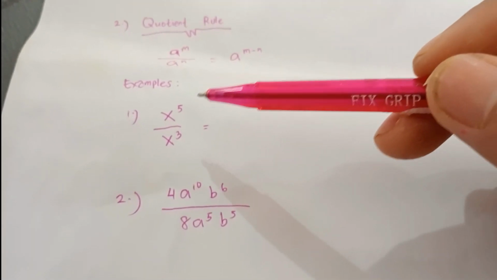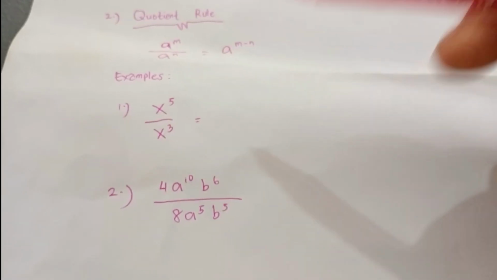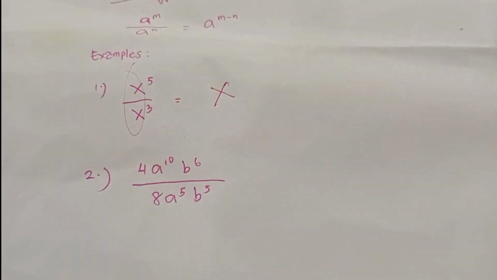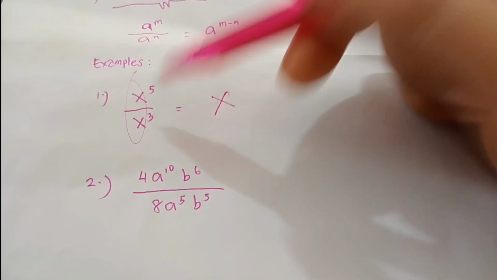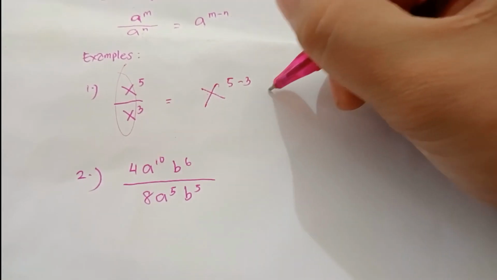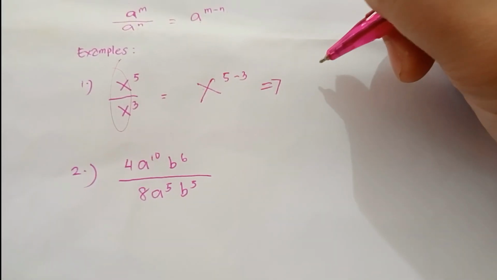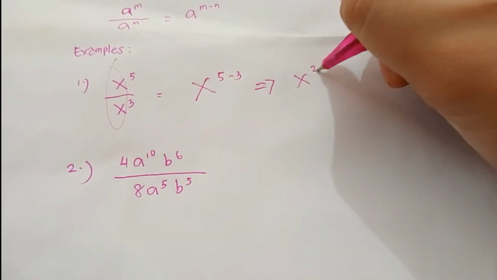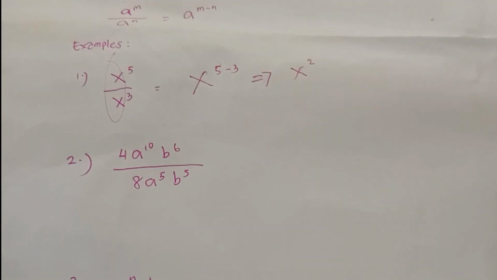Say for instance we have x raised to 5 over x cubed. All you need to do is copy the common variable x, then subtract its exponents. We have 5 minus 3, equals 2. x squared.